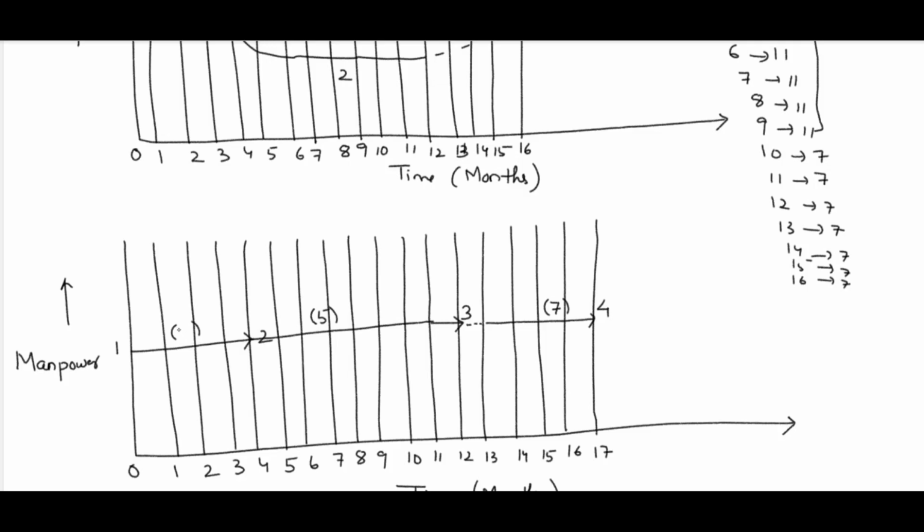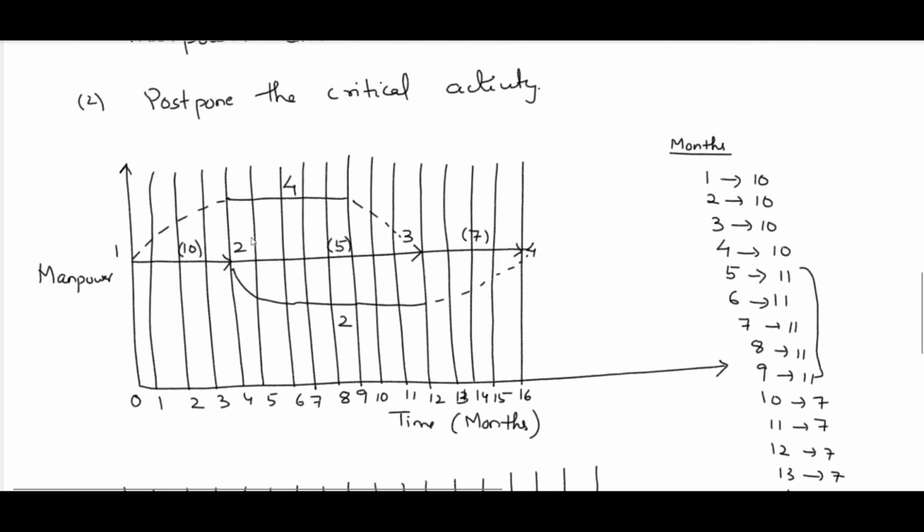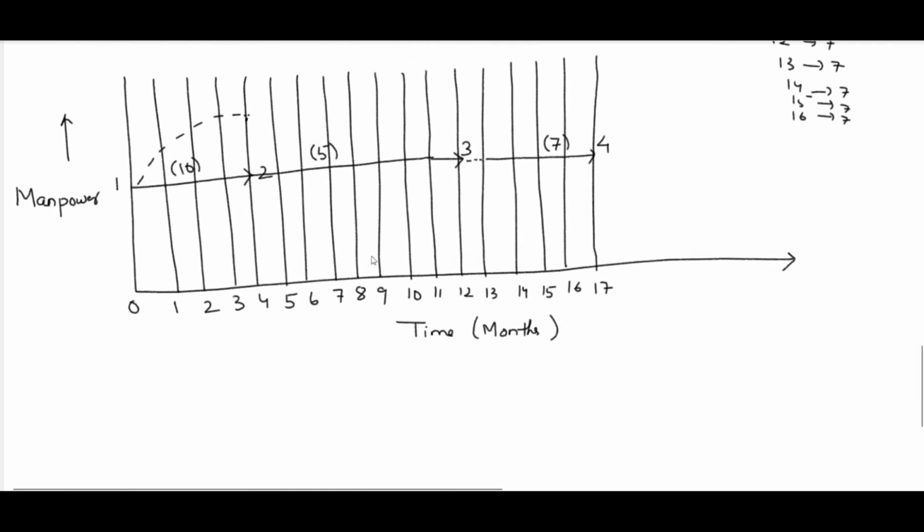So we start activity 1 3 dotted up to node 2, and then it will be continuous up to node 9.